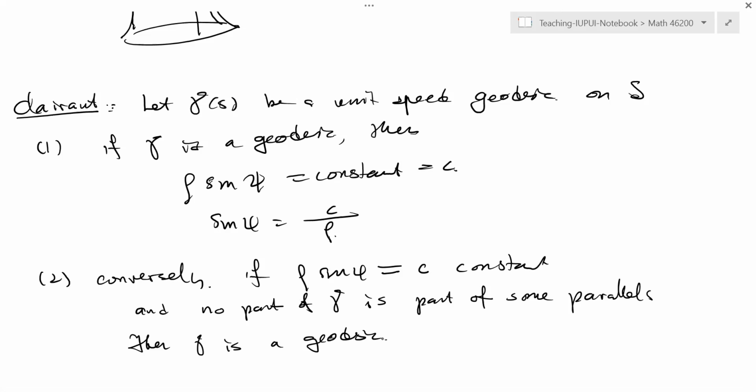If some curve satisfies this condition, rho sine phi equals c, parallel means phi is always equal to pi over 2, and then rho is a constant.